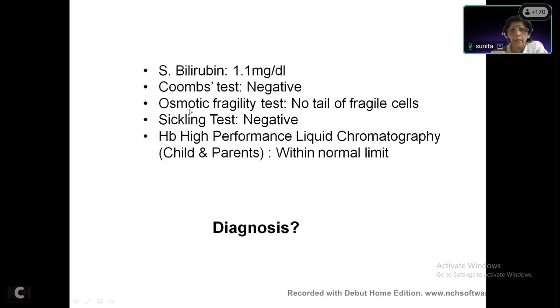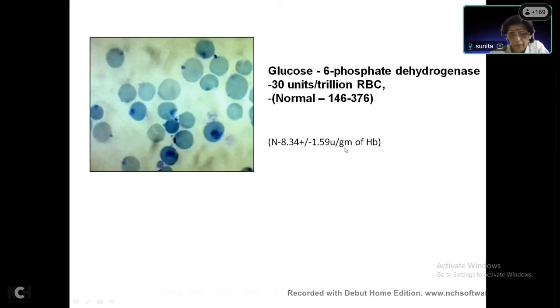Other tests like Coombs test are negative, OFT is negative, sickling is negative, and HPLC of both parents and the child was negative. So they did the glucose 6-phosphate dehydrogenase assay, and they found that it is decreased. Now this is the supravital preparation which we do for retic count also. It's a simple test.